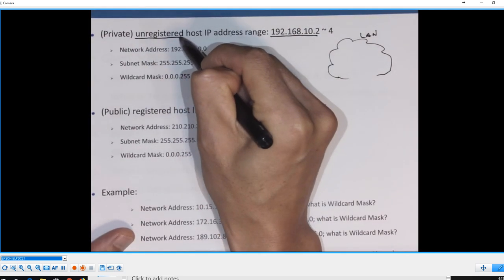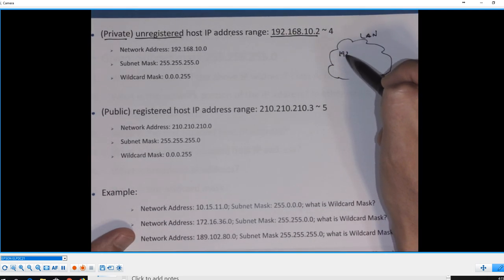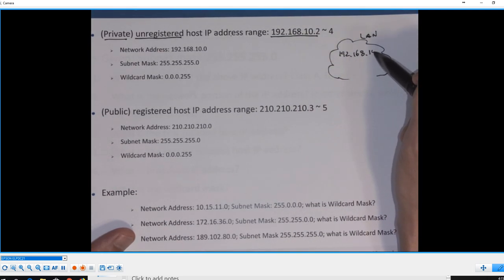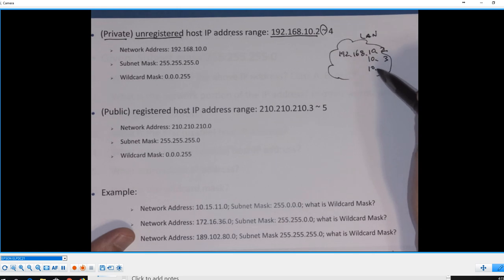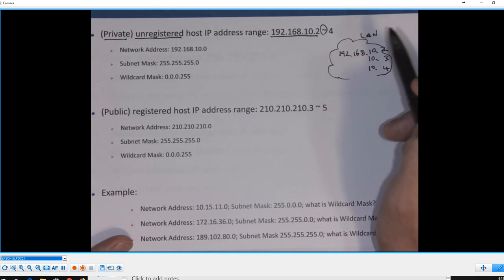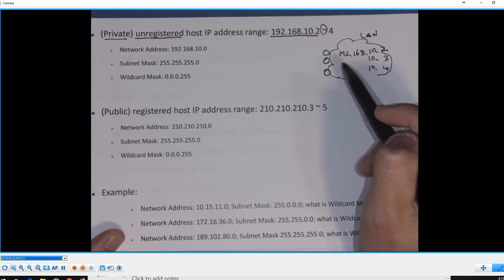Unregistered means a private IP address. So we have 192.168.10.2, and then we have 10.3 and 10.4. So in the local area network, we have 3 machines with these IP addresses.